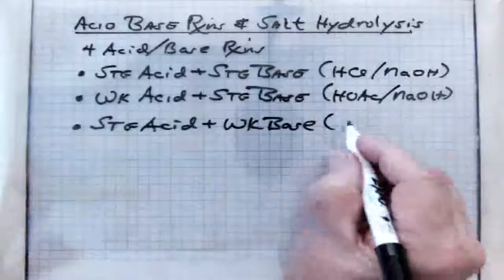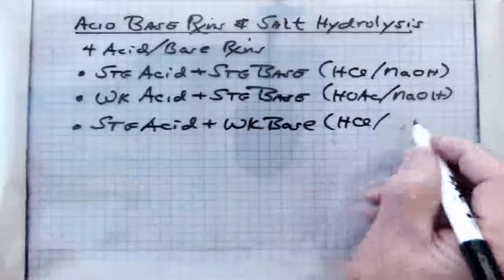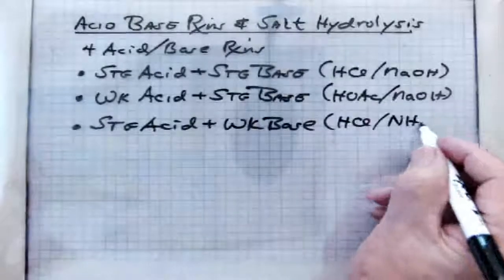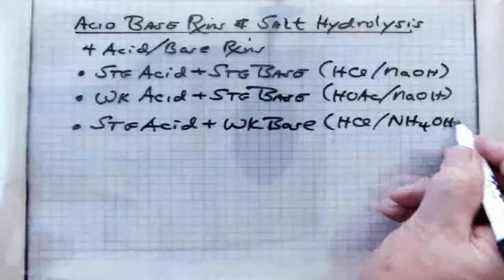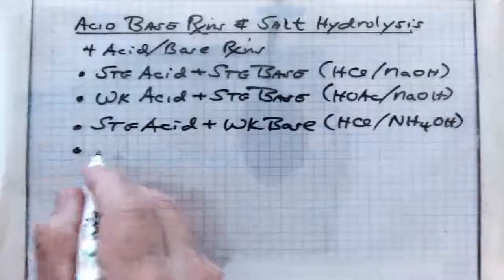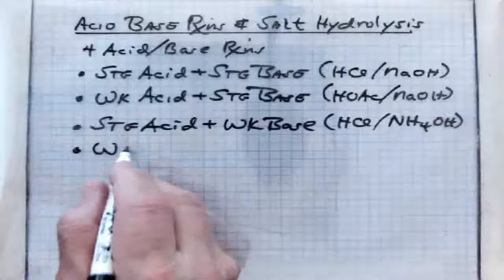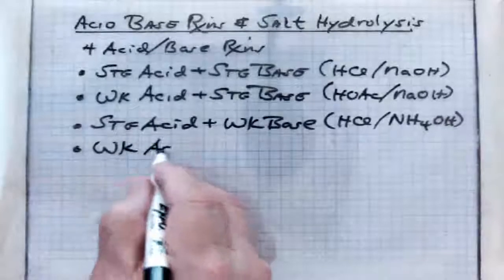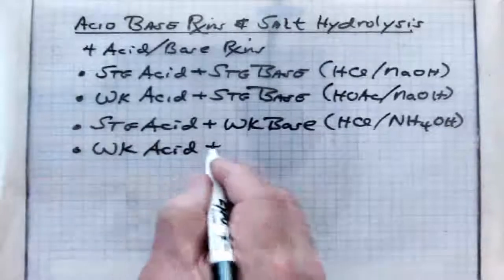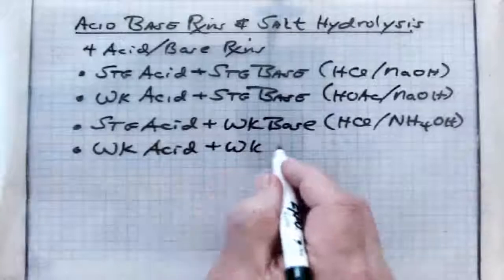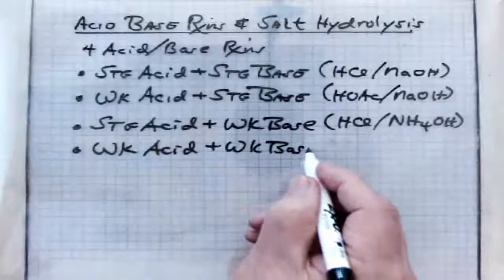And then we have weak acid plus weak base, HOAc and ammonium hydroxide, like this.